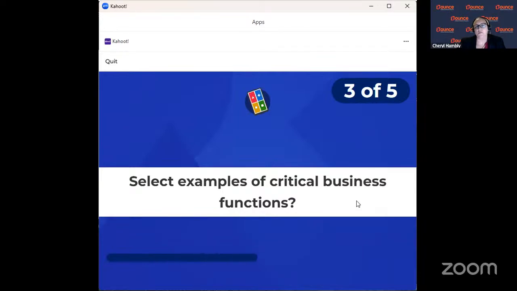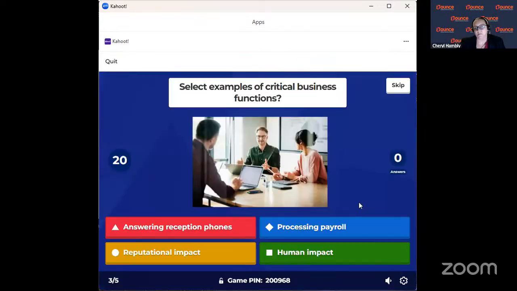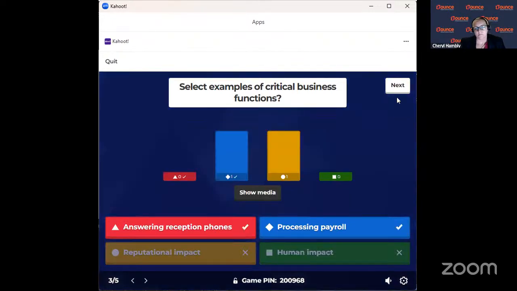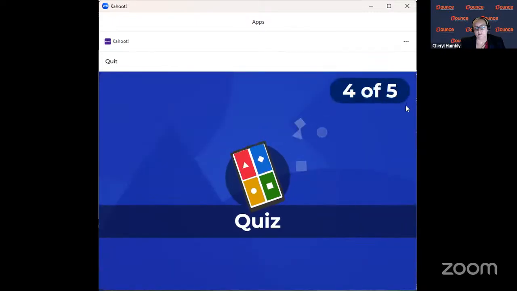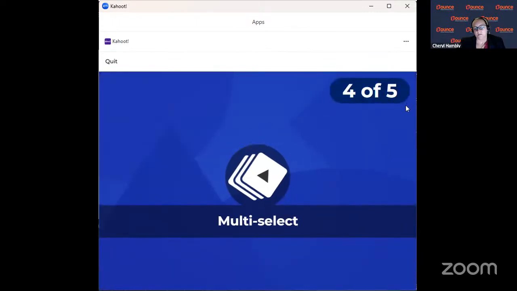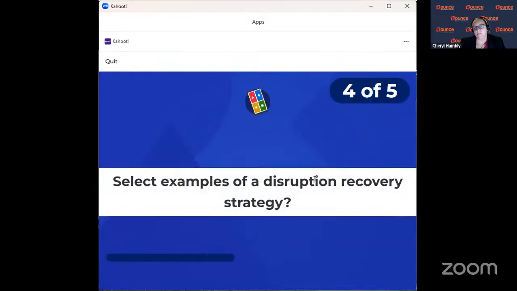Okay, select examples of critical business functions. Great. Examples of recovery strategies.